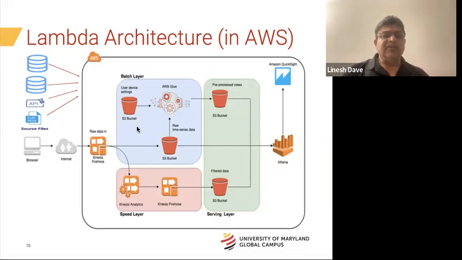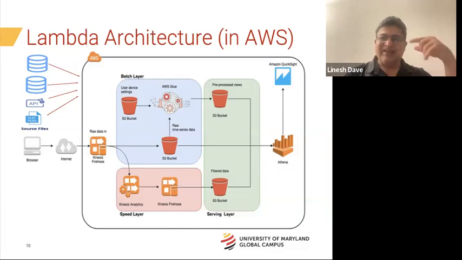On the top is the S3 bucket. You get the raw data, you ingest the data from the internet. You have a Kinesis Firehose, which is a stream processing hose, but it is sending data to the batch layer if there's batch data, which gets stored in an S3 bucket, and on the S3 bucket, you make use of AWS Glue.